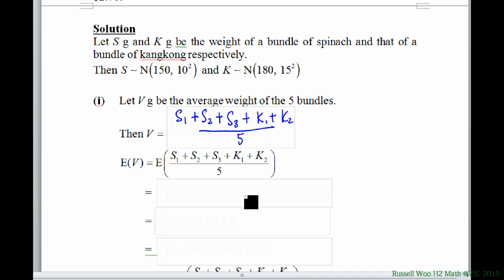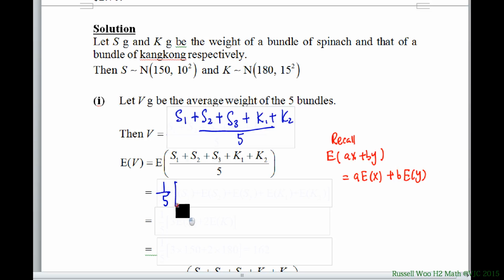We do it properly. What do I mean by properly? You have to recall this, which we use time and again: expected value of aX plus bY equals a expected value of X plus b expected value of Y. So, for this case, we can factorize the 1/5 out first, and then you get expected value of S1 plus expected value of S2 plus expected value of S3 plus expected value of K1 plus expected value of K2.